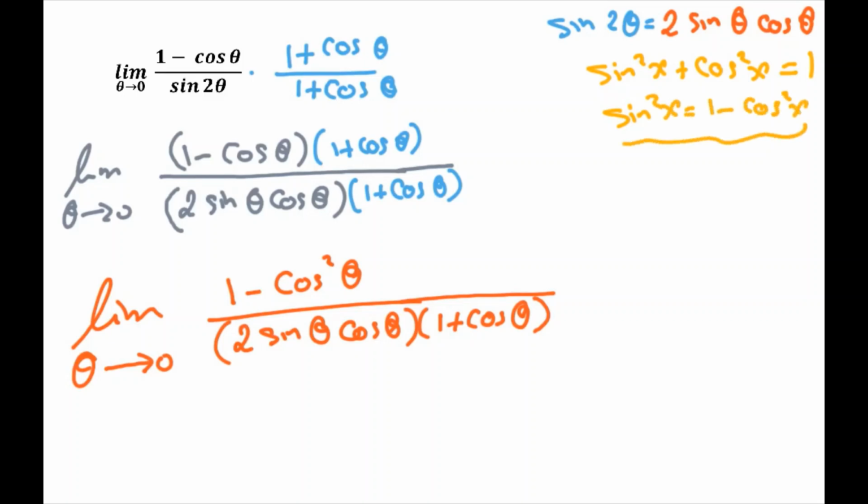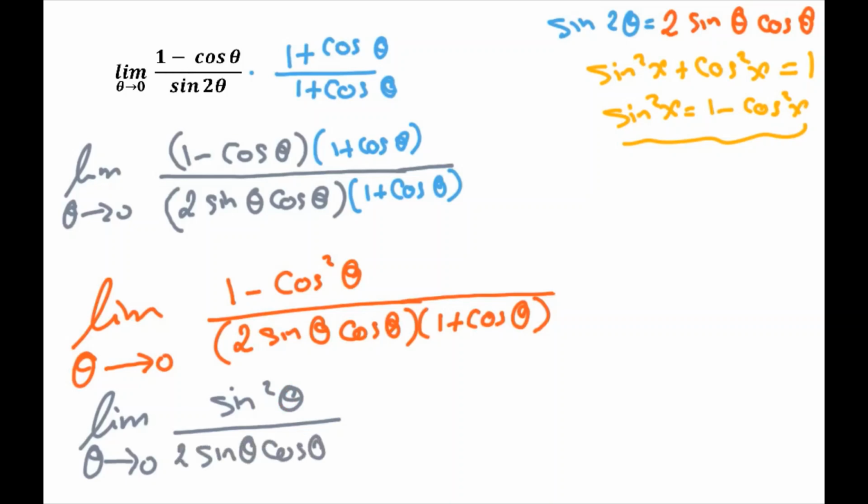So I can use this here, which is going to be the limit as theta approaches 0 of sine squared theta on the top, and on the bottom 2 sine theta cosine theta multiplied by 1 plus cosine theta. Now you can easily cross out the square with one of these sines because there's a multiplication in here.